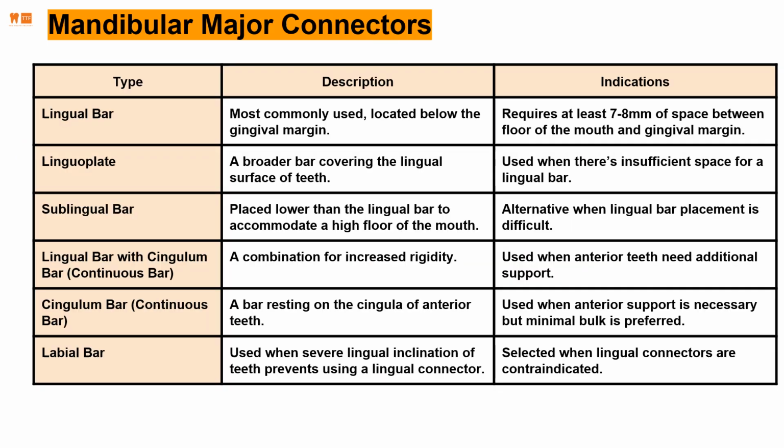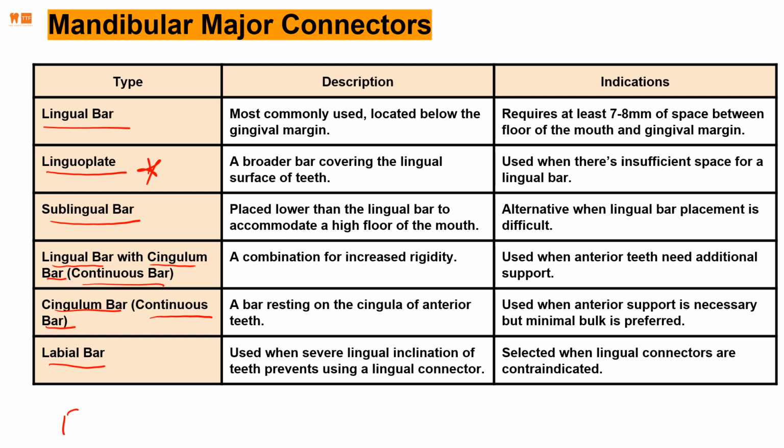That's just the basic. So let's talk about some mandibular major connectors. There are lingual bars, lingual plates, sublingual bars with cingulum bar, which is a continuous bar, and cingulum bar alone, which is a continuous bar, and a labial bar. Now, these are very much bars, except for this guy here, which is a plate.